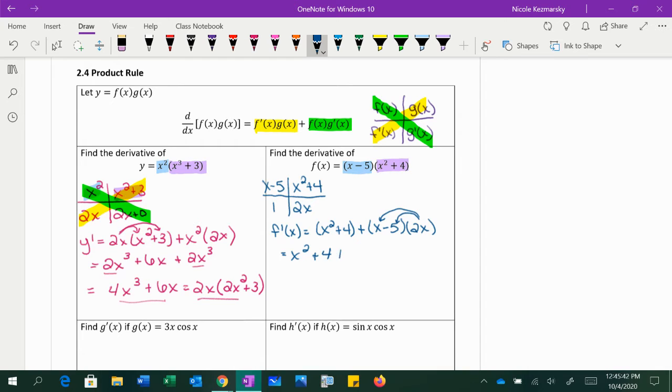So I'm going to have plus 2x squared minus 10x. Combining like terms, I do have an x squared and a 2x squared, so that's going to give me 3x squared minus 10x plus 4. I can take a quick look and see if this factors. I don't think it does. 3 times 4 is 12, and 12 I don't believe has factors that get me to 10.